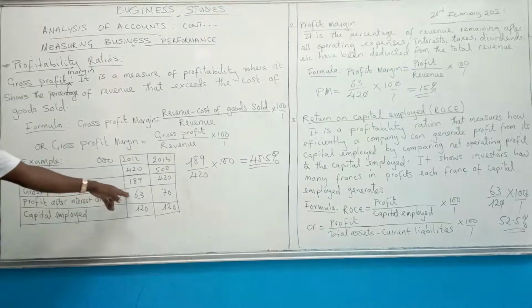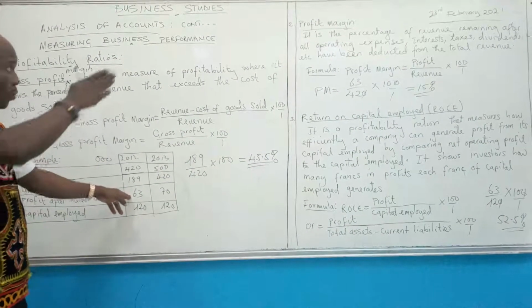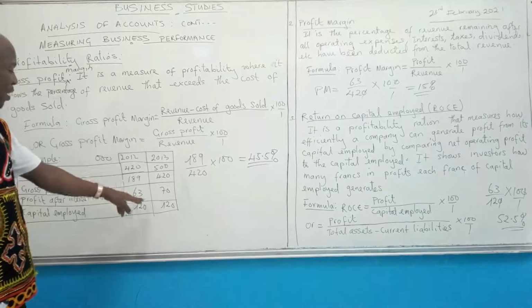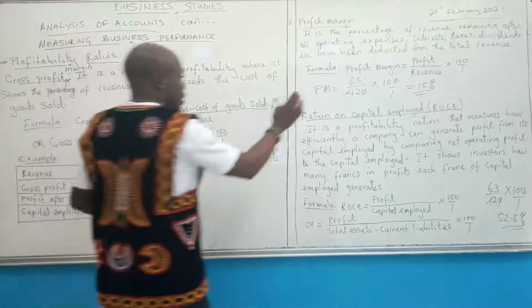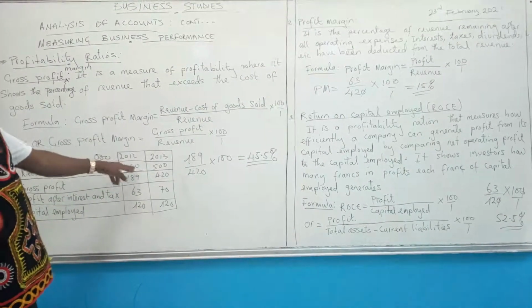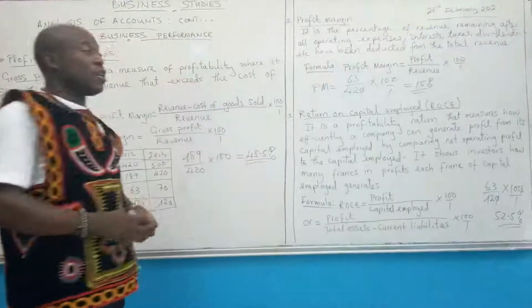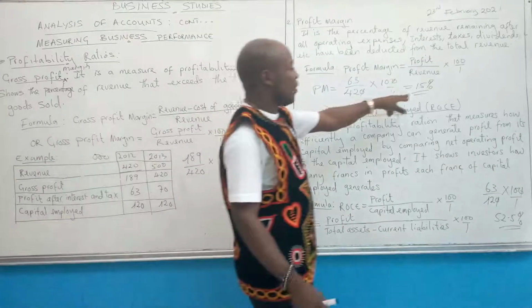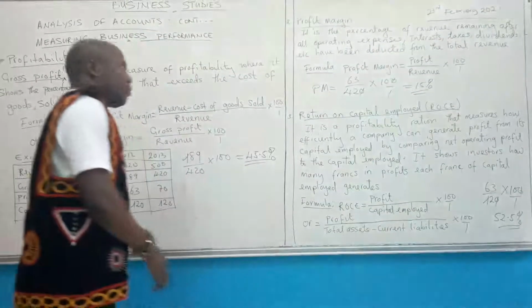Which means this is not gross profit, it is the net profit. We have it here, 63, and the revenue is 420, times 100. If we punch it, we are going to have 15% as our profit margin.